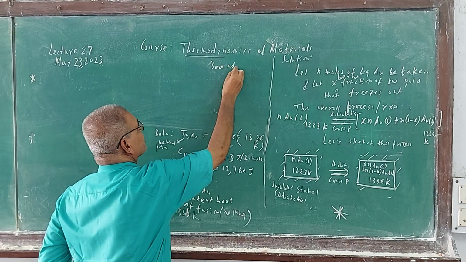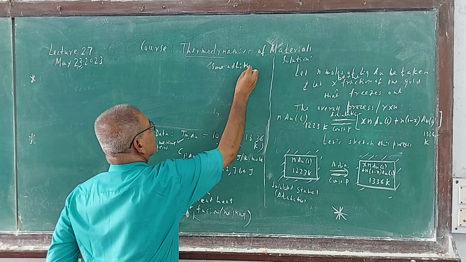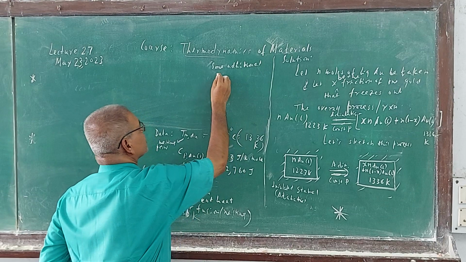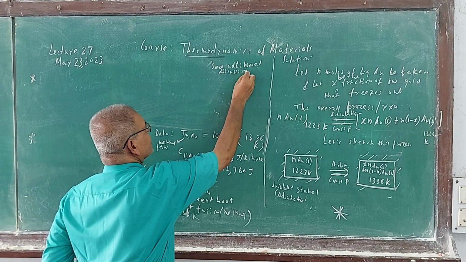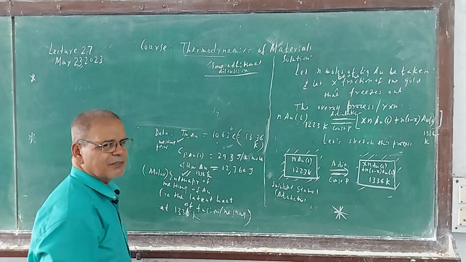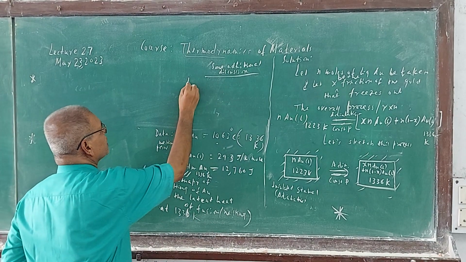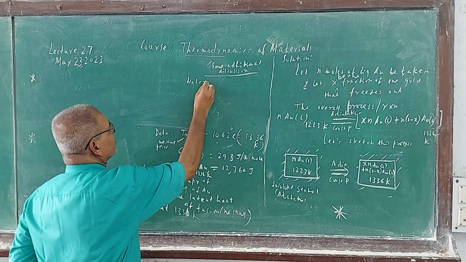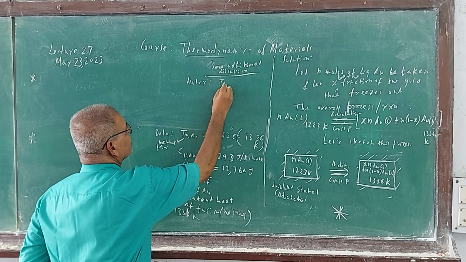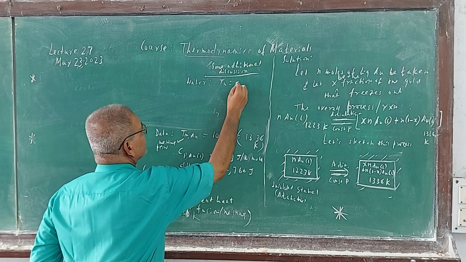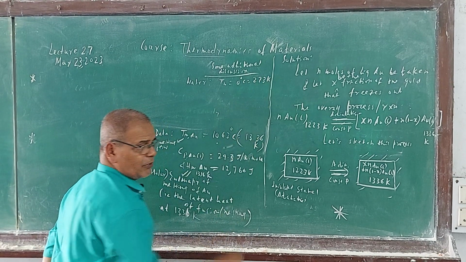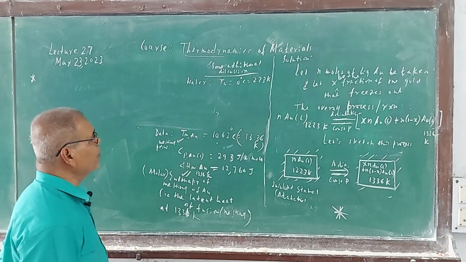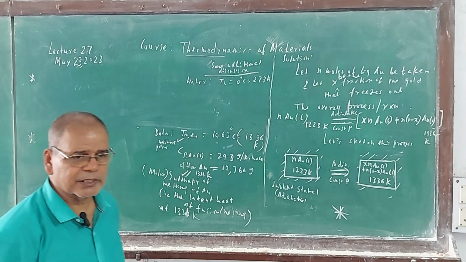Some additional discussion related to this. I am asking questions. So water, you know what is the freezing point? Water, 0 degree centigrade, which is 273 Kelvin. I asked based on this. The melting point of water is 0 degree centigrade.